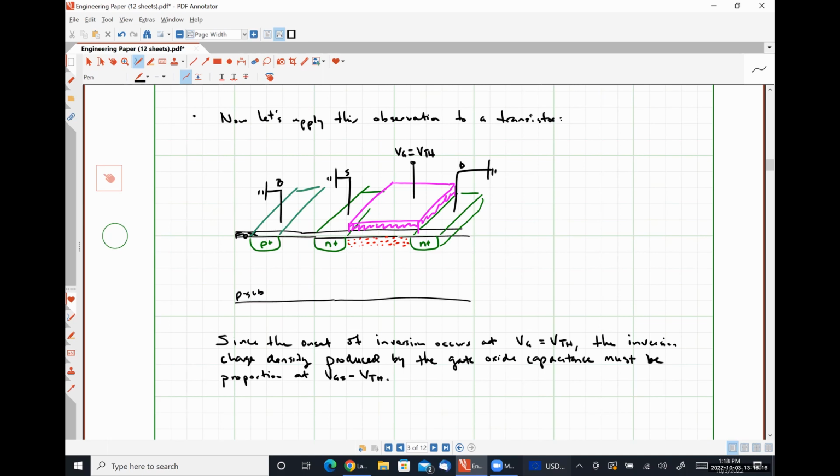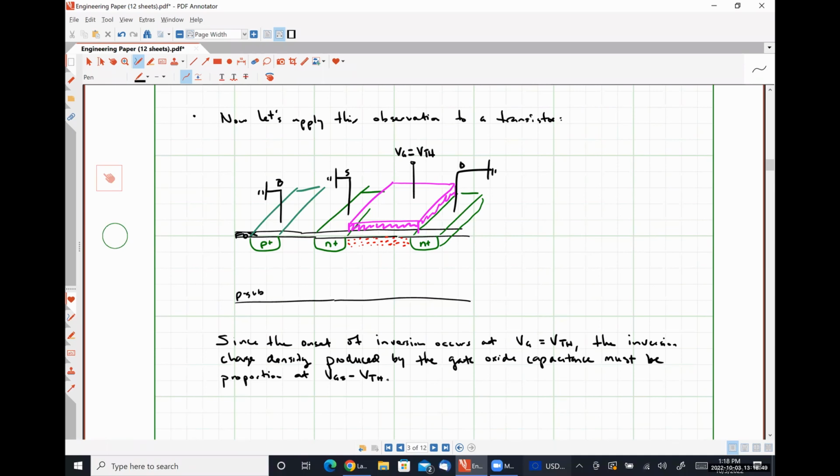The onset of inversion occurs at VG equal to VTH. The inversion charge density produced by the gate oxide capacitance must be proportional to the difference in the voltage there. So effectively, we are going to have some net charge that gives us some constant value of QD, right?